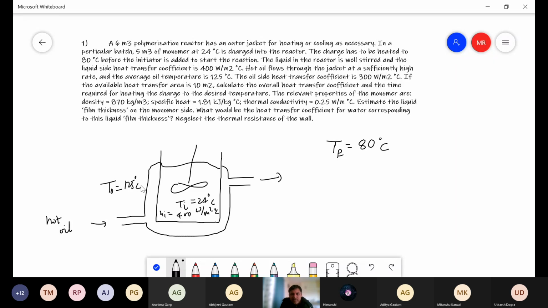Again, the outside heat transfer coefficient is given. The oil side heat transfer coefficient H oil is 300 watt per meter square degree Celsius.